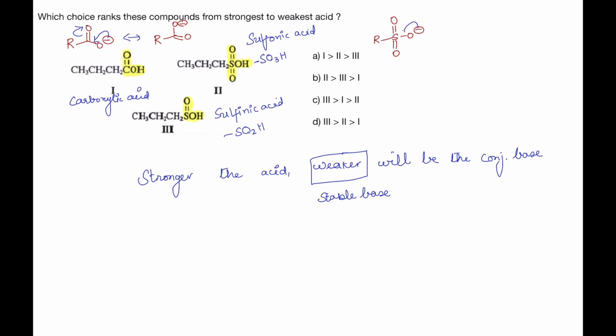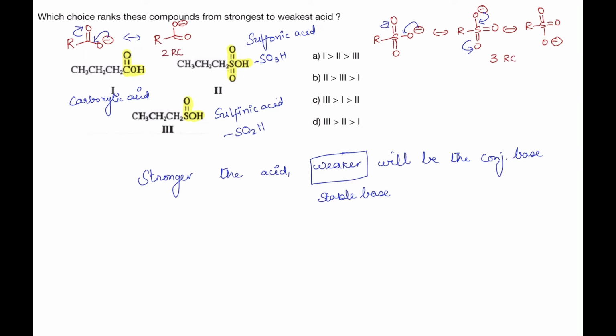So I'm going to push these electrons in here. That's going to give me the second resonance contributor, and these electrons can hop in here to give me the third resonance contributor. And remember, in this case, there are 3 resonance contributors, and in this case, there are 2 resonance contributors.